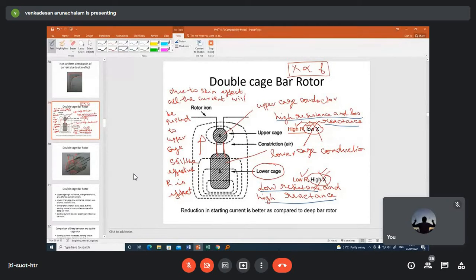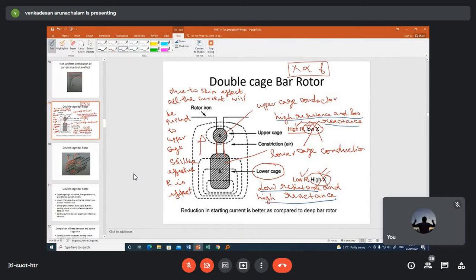Here also, you have more crowding of flux in the lower part when compared to the upper part, and the skin effect is there during starting time, because during starting time the frequency of the rotor is more when compared to the running time.